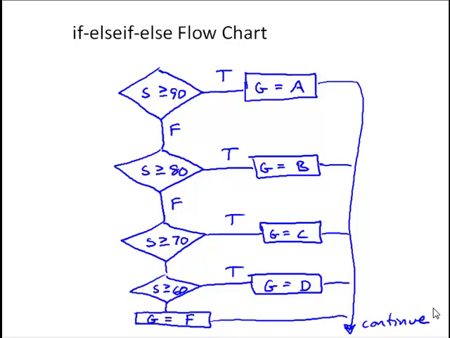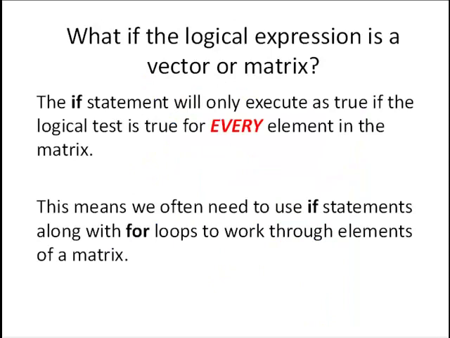So the other complication we saw here is, what if the logical expression is a vector or matrix? We saw that the if statement will only execute the commands that require a true result if the logical test is true for every element in the matrix. In order to make this work, we're going to have to use if statements along with a for loop to work through the elements of a matrix.